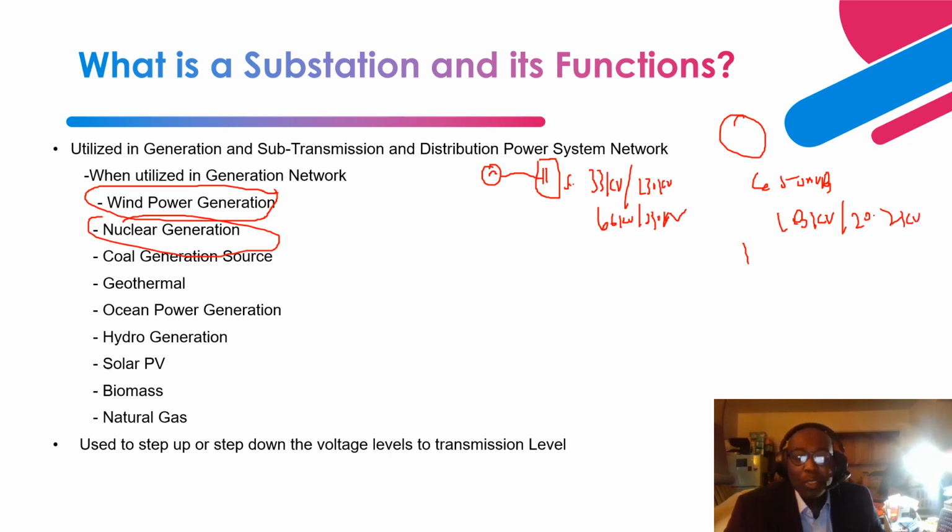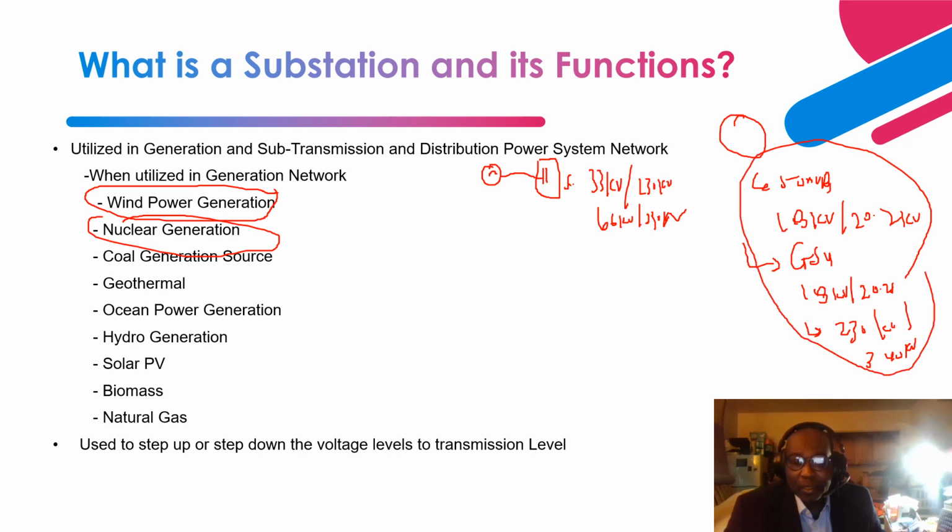This is integrated to a generator step-up transformer that steps the voltage from 18 kV or 20.2 kV to, let's say, 230 kV or 345 kV. And this is achieved in a switchyard. So that is the first type of substation we have. Most often than not, some people use the wording generation substation instead of a switchyard, but in actual sense, it is a switchyard.